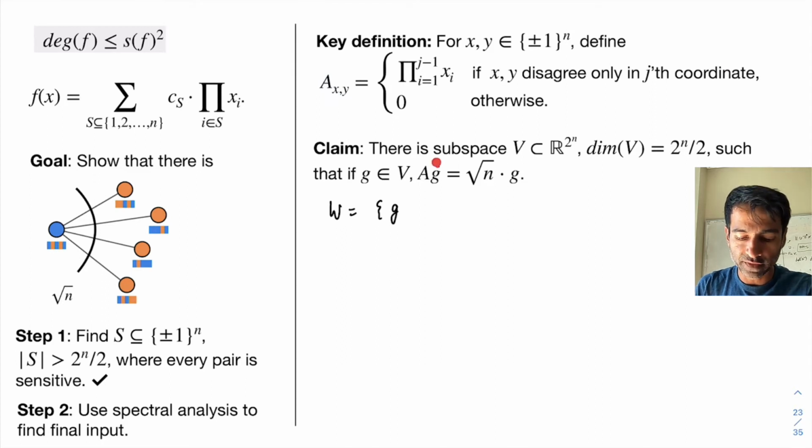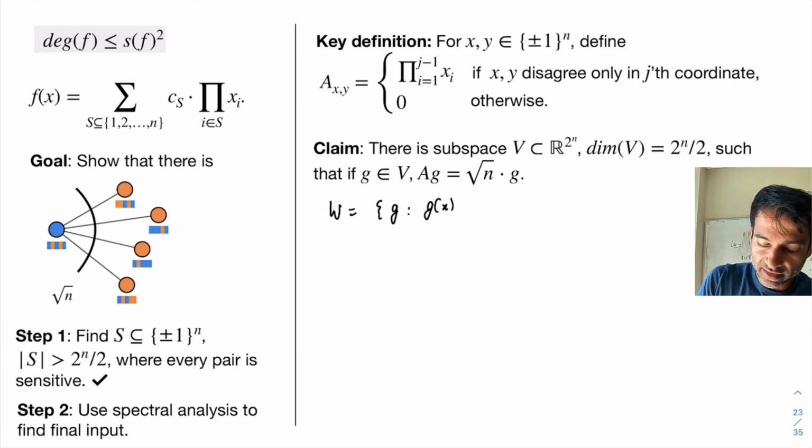So you can think of every vector G here as a vector of length 2^n, and that vector corresponds to a function mapping an input x to a real number. So now let's consider the subspace of all G such that G(x) is equal to 0 if x is not in S.